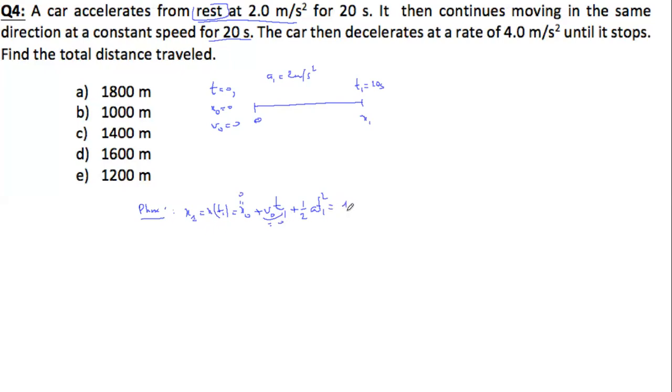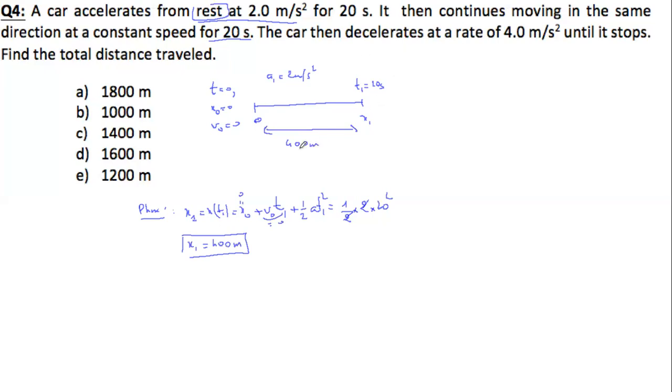And this is just half a1, which is 2, times t squared, which is 20 squared. And the first distance I'm covering is 400 meters. And so this distance is 400 meters. That's phase 1.